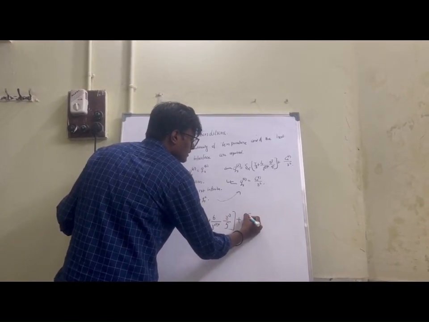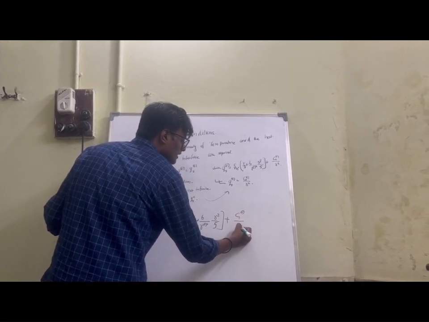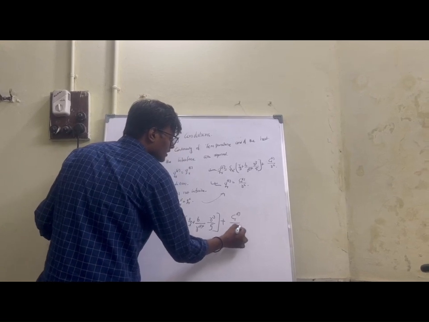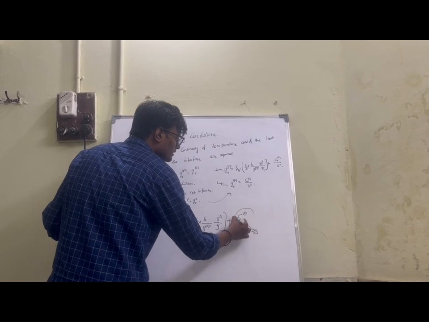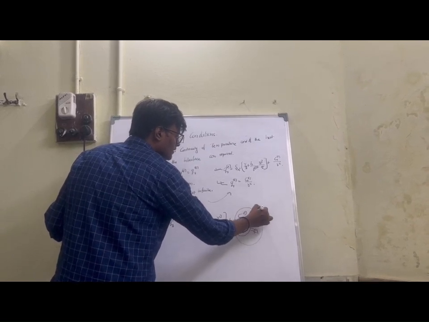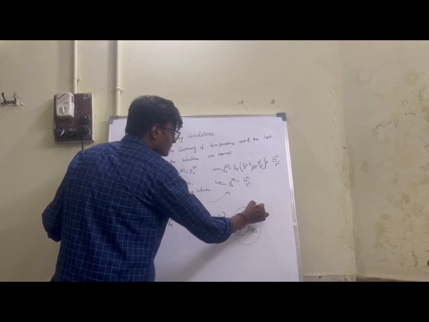Now here C1F divided by R square: here R is equal to 0, but this term is infinite, which doesn't exist.